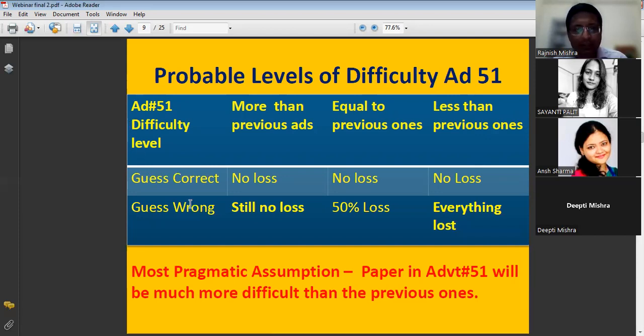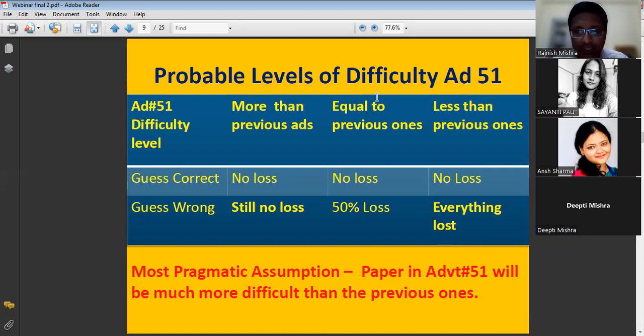Now your guess may be correct or it may be incorrect. In case your guess is correct, in all the three cases, more, equal, or less, you don't lose anything. But if your guess is wrong, that is, if you guess that it is less difficult than previous advertisements, but it comes out to be equally difficult or more difficult, then you lose. You lose because you have prepared for a less difficult paper.